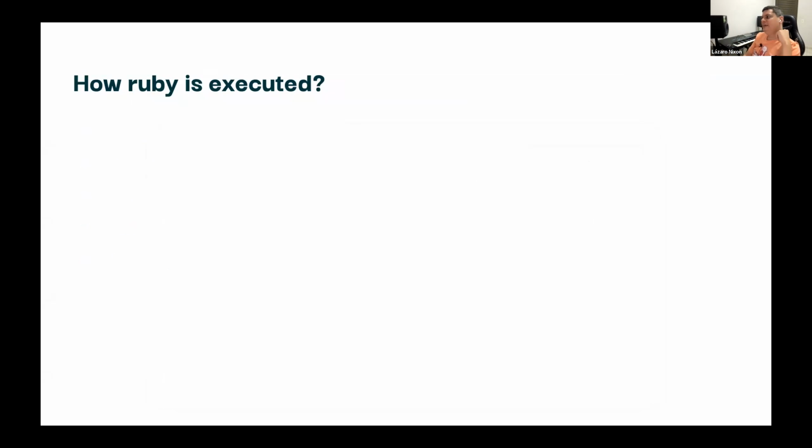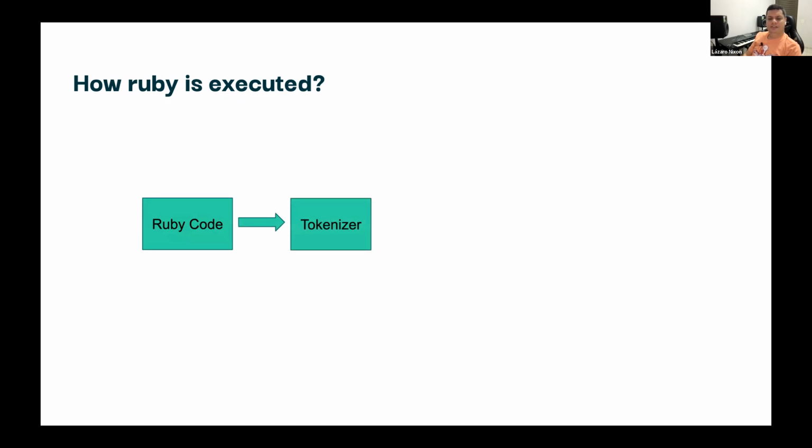So how is Ruby executed? So it's very important. So we have your Ruby code. At this moment, it's just a text file. So this code is tokenized. So when you have these tokens, they are parsed by the parser, which generates a thing called AST, the abstract syntax tree.